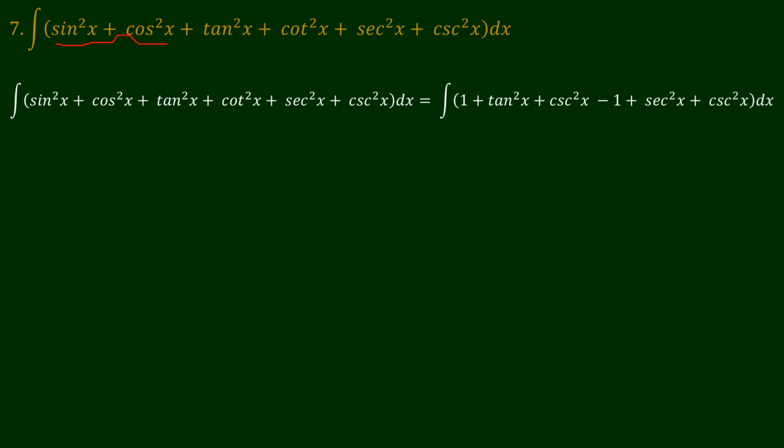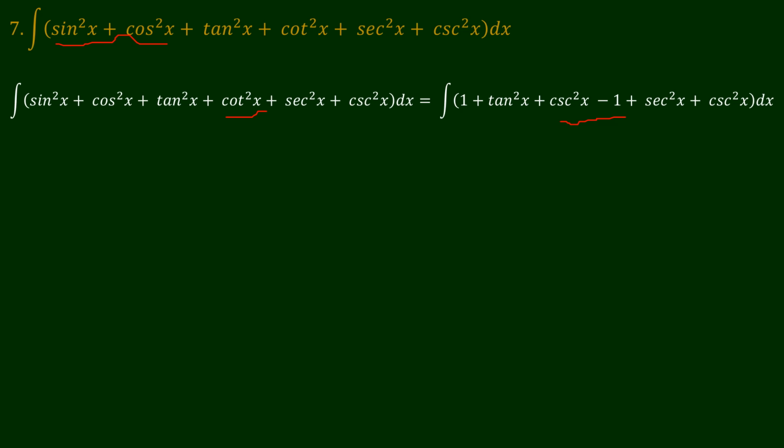So we have the integral being equal to 1 plus tan squared x plus cosec squared x minus 1, and this identity here comes from cotangent squared x being equivalent to this, and then sec squared x plus cosec squared x.